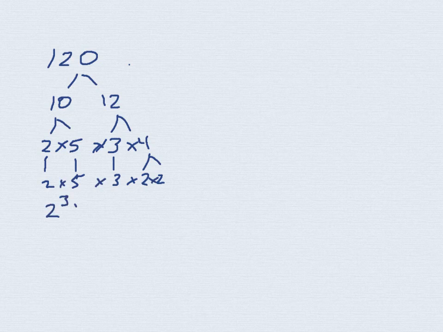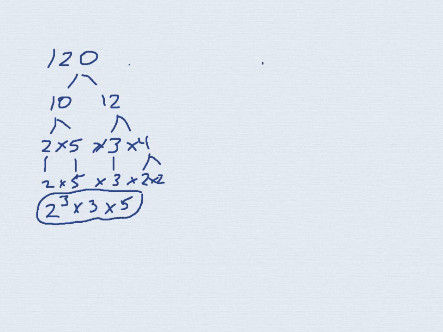So 2 to the third times 1 factor of 3 and 1 factor of 5. 2 to the third is 8. 8 times 3 is 24. Times 5 is 120. So 120 has now been factored into its prime numbers, and that bottom line can be quite useful in another skill later on, how to find common denominators.